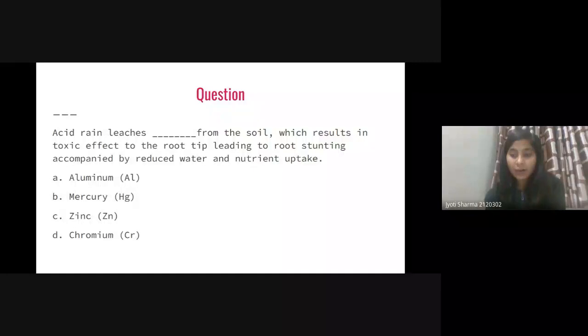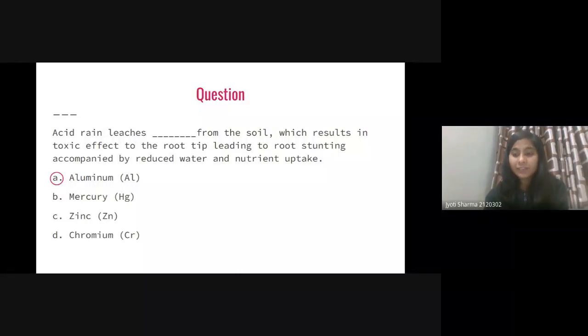Okay, so the answer should be A, and this is aluminium. And why aluminium? Each element has different characteristics, so the solubility of different elements is different. Aluminium has the characteristic that whenever there is an acid, it will dissolve very rapidly into the acidic chemicals.